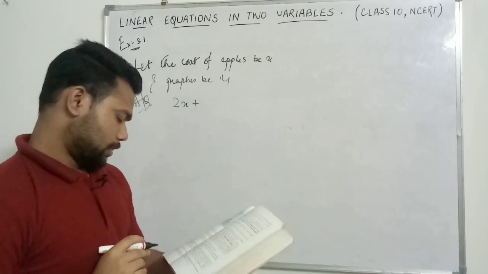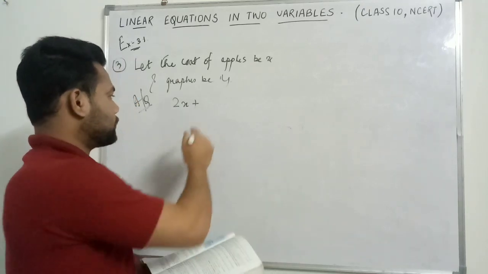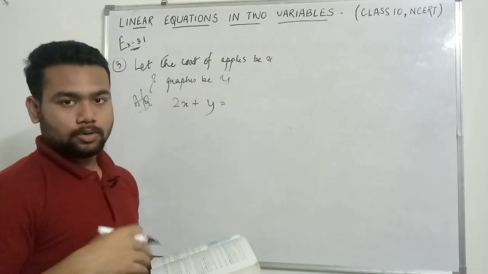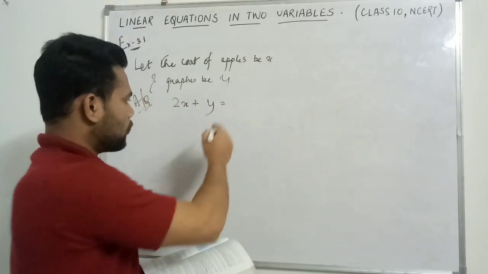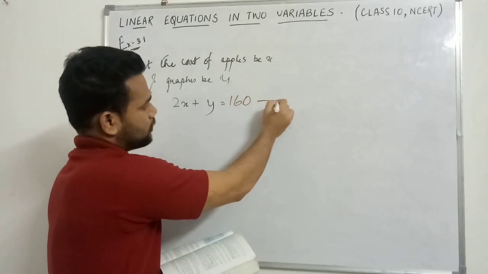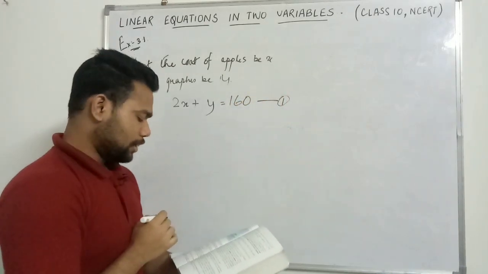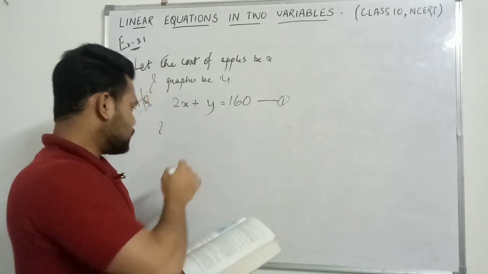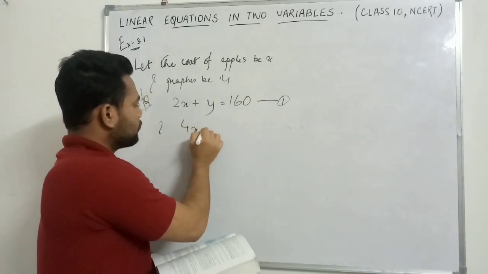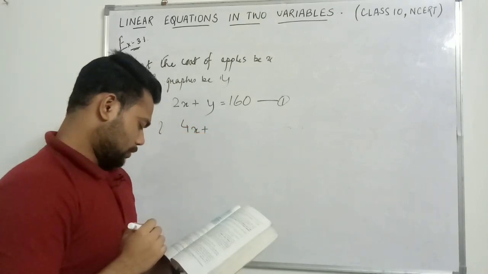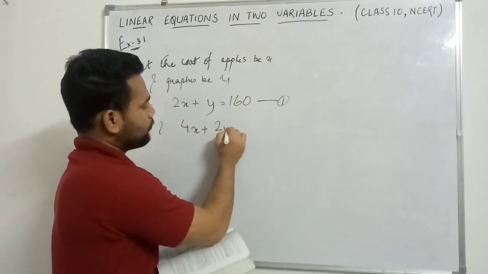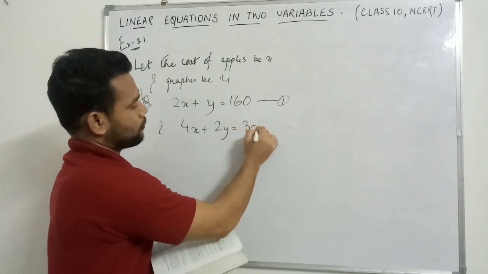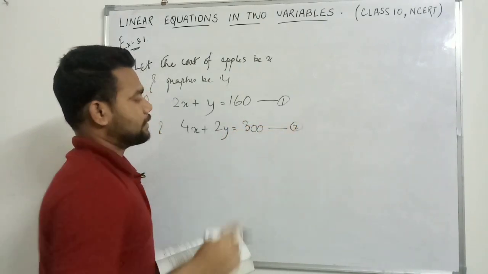Then we will add 1 kg of grapes, which means only y. So the whole cost is how much? The cost is 160. This is your required first equation. Similarly, let's proceed to the second equation. 4 kg of apples means 4x plus 2 kg of grapes means twice y. That cost us 300. This is your required second equation.